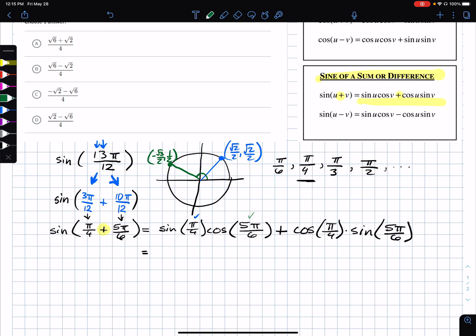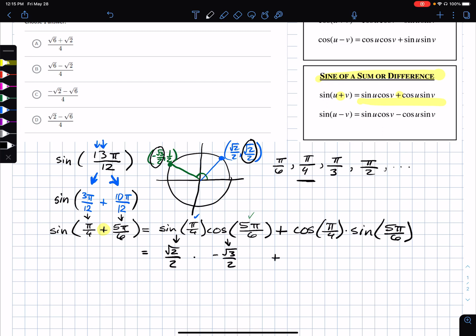All right. So kind of jumping through this here, the sine of pi fourths will be the y value from the pi fourths angle, and that'll be root 2 over 2. Multiplied by the cosine of 5 pi 6, so that'll be the x value at that coordinate, so negative root 3 over 2.